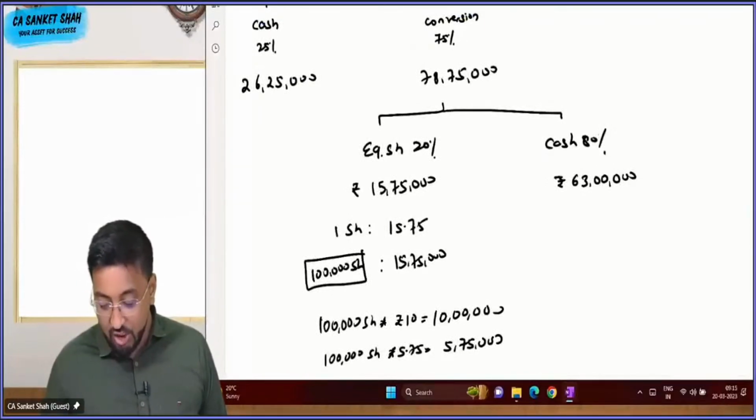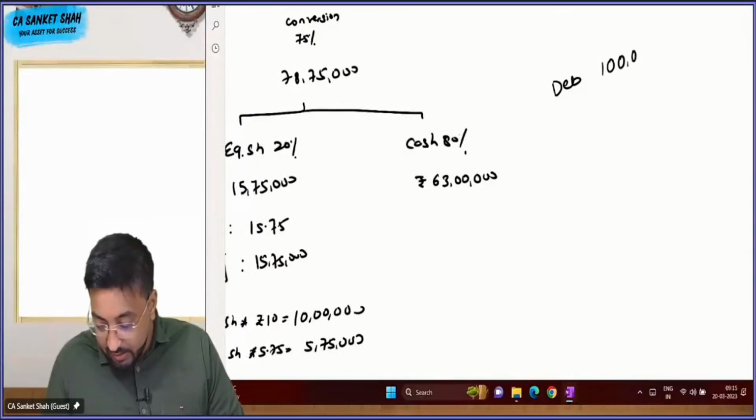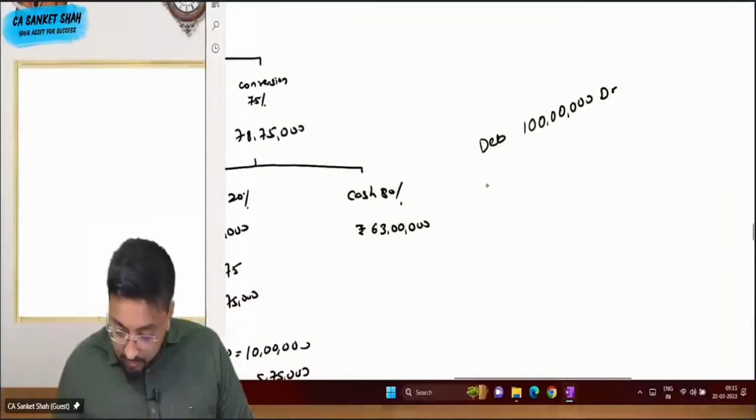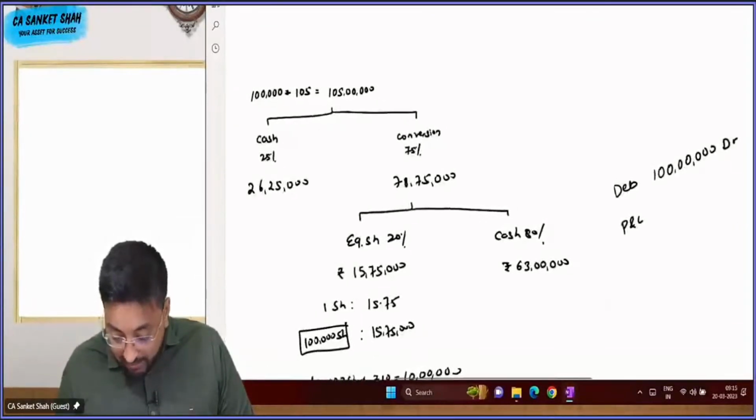Now debentures, we are cancelling them, now see the entries. Debentures will be debited, 1 crore. P&L also debit, because you are paying an extra 5 lakhs.